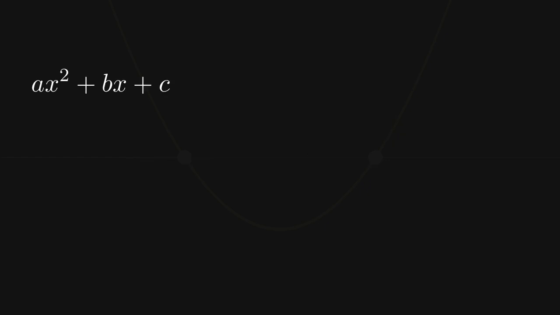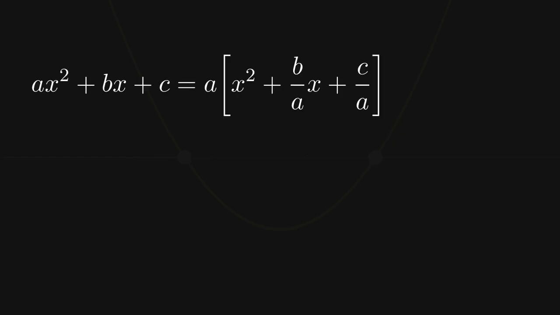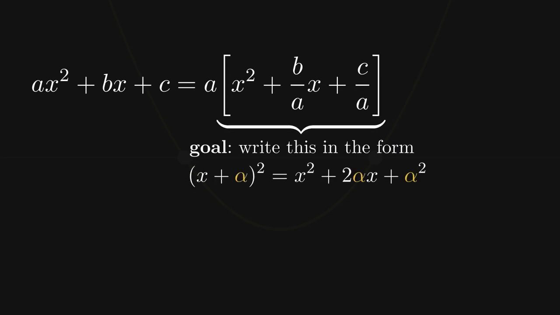First, we factor out a from the quadratic expression to set up the fancy addition with 0. Now, our goal is to use the famous algebraic identity (x plus alpha) squared equals x squared plus 2 alpha x plus alpha squared. We can find what alpha should be by matching the coefficients of x, getting that alpha should be b over 2a.